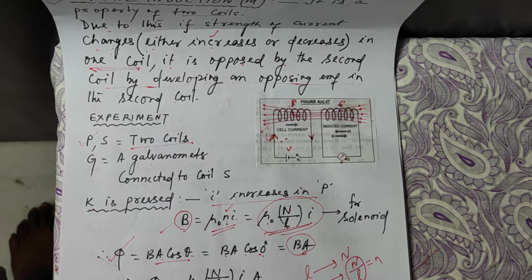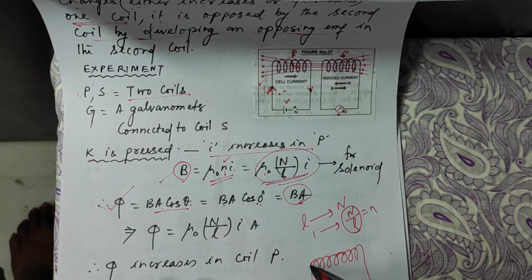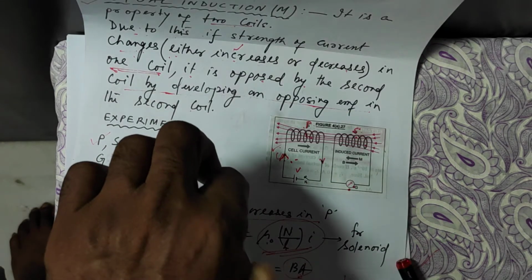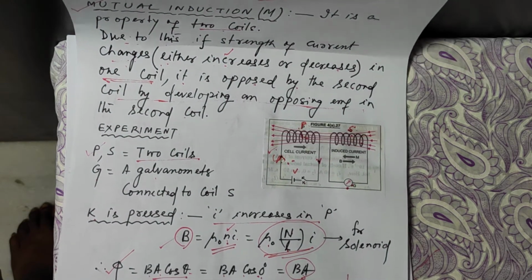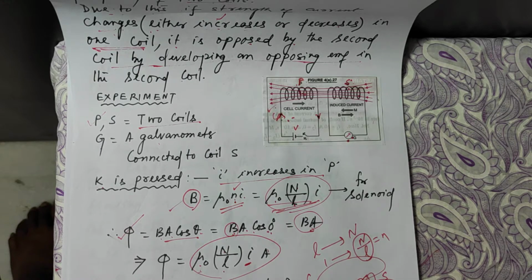If this is your coil and the current from this side is anticlockwise, this is north, this is south, so its own magnetic lines of force are passing through this. The area of the coil is like this, it is passing through this, so theta is equal to 0. So your flux is equal to B A. For B I put mu naught n I, that is mu naught N over L, times I, and A is your area. So this is the flux.